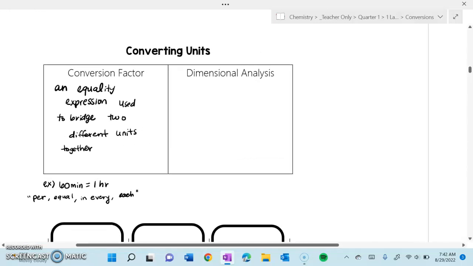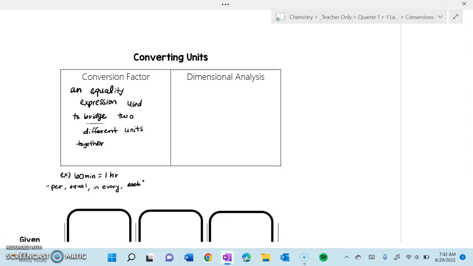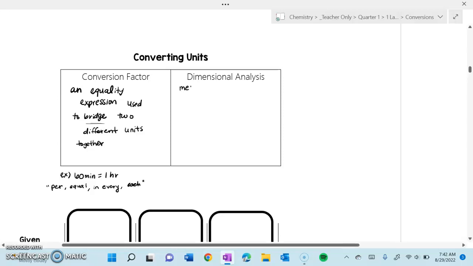We will use these conversion factors in a series called dimensional analysis. Dimensions are another word for units. So we're going to be doing a unit analysis, really, to use these conversion factors as bridges until we reach the desired unit. So this method converts units.